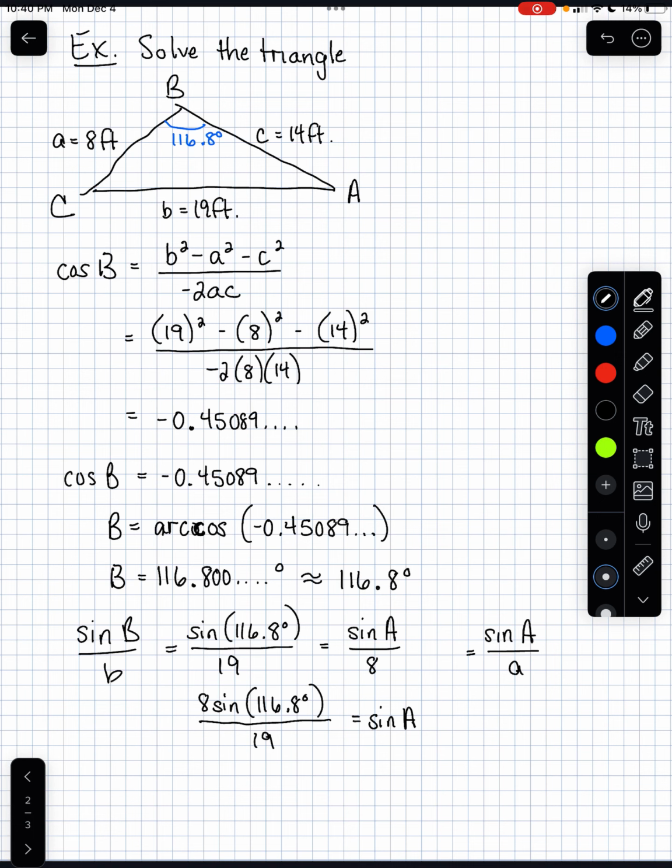So this left side comes out to be 0.375, etc. And that is equal to the sine of A.